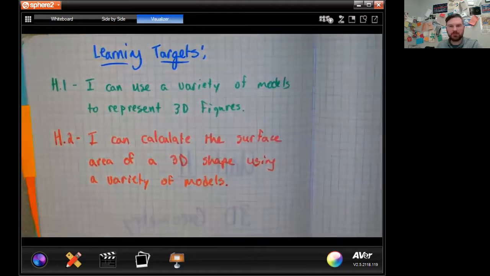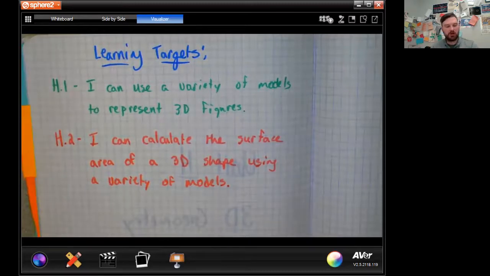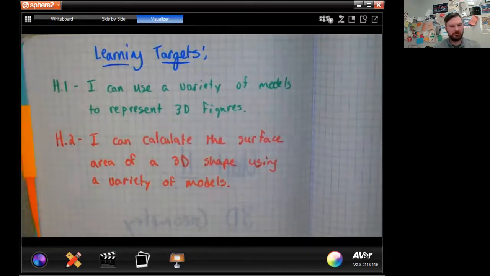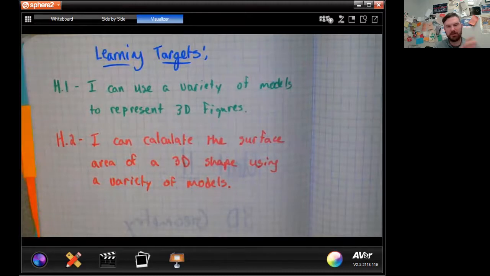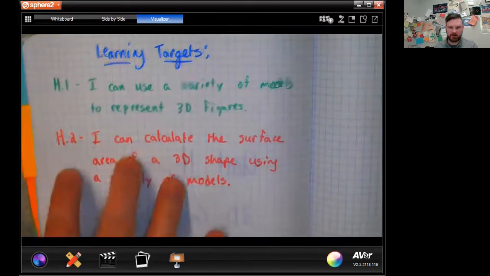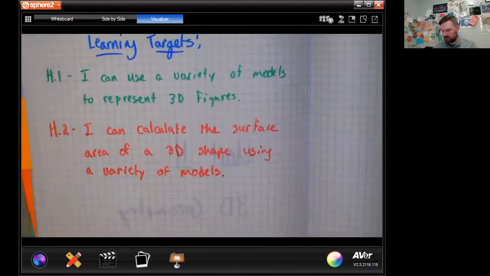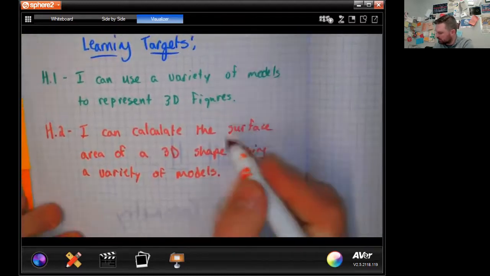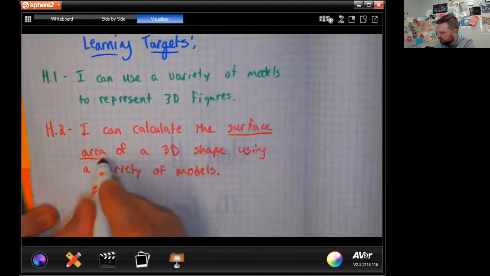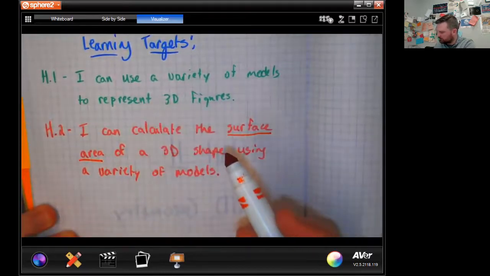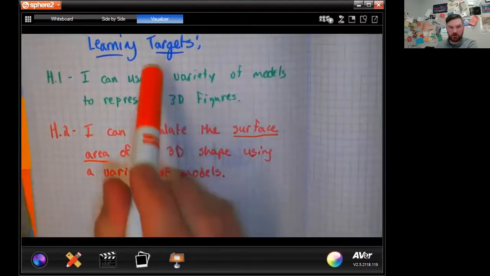Okay, so we're going to look at some very specific types of 3D shapes, and then we're just going to go with some general, more advanced 3-dimensional shapes that you might not see in everyday life. Okay, so along with H.2, we have surface area. We'll underline surface area there.